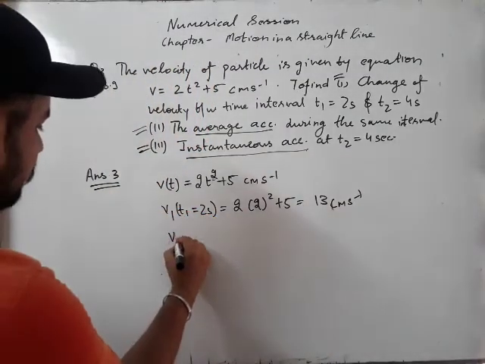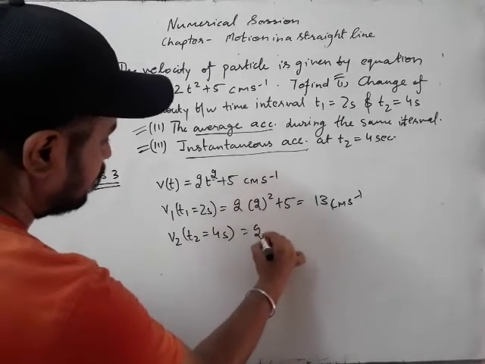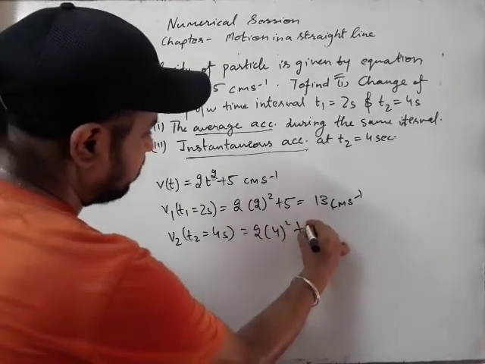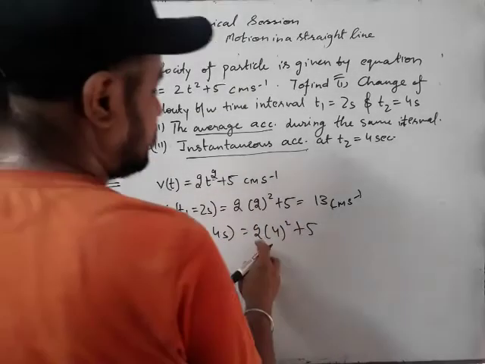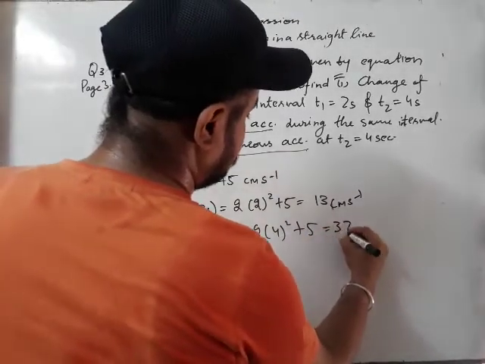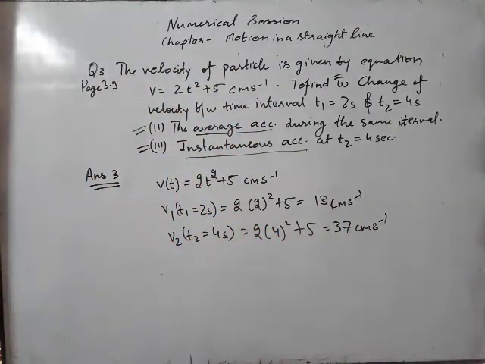Similarly we will find v2 at t2 equal to 4 seconds, that is 2 into 4 square plus 5. 4 square is 16, 16 into 2 is 32, 32 plus 5 is 37 centimeter per second. So v1 and v2 are there.